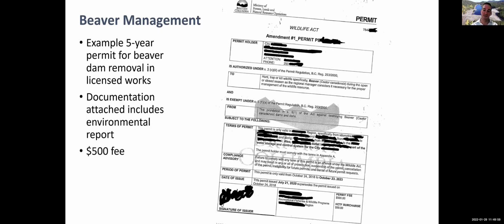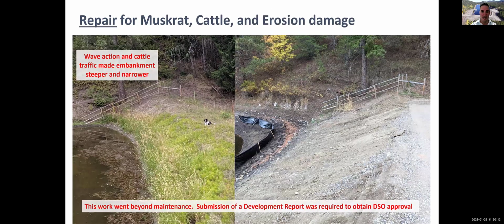But if you're in certain situations where maintenance isn't enough, there are ways to deal with beaver lodge removal or dam removal. So we're going to be wrapping up here in a few minutes and going to some questions.